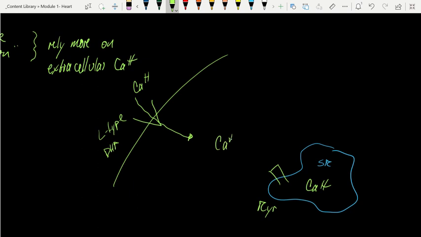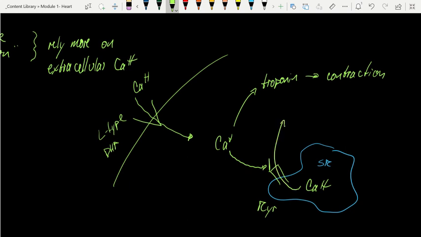Calcium that comes into the cell can do one of two things. It can bind to troponin, and of course this is going to give us cross bridge formation and contraction. Some of it will also come down and bind to ryanodine. That's going to open up ryanodine and let this calcium out. And of course, that calcium is going to contribute to everything that's going on with the contraction.